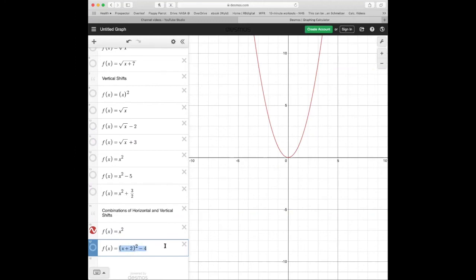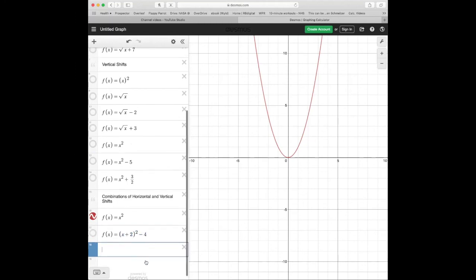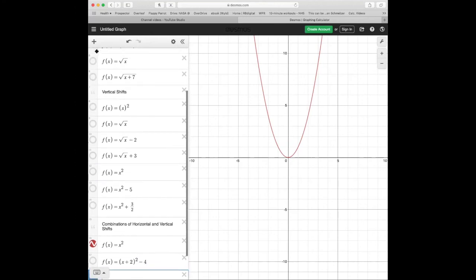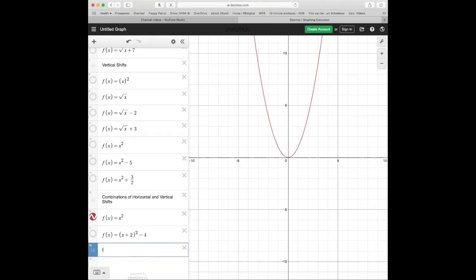Notice that now I have both a horizontal shift and a vertical shift. This +2 represents a horizontal shift. So I expect this function to be horizontally shifted which direction? Left 2. So I expect this guy to be shifted left 2, and what else?